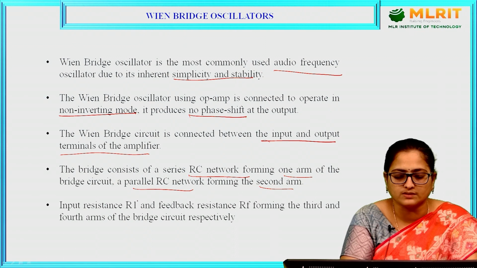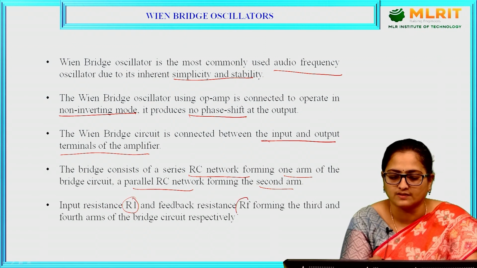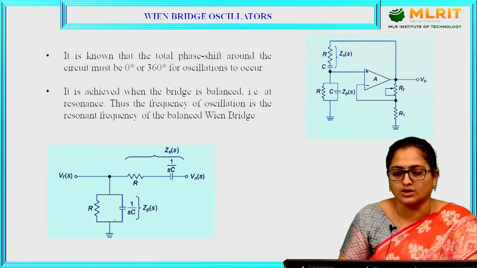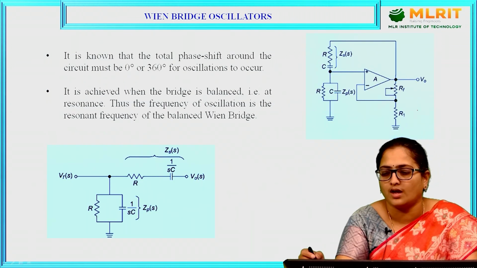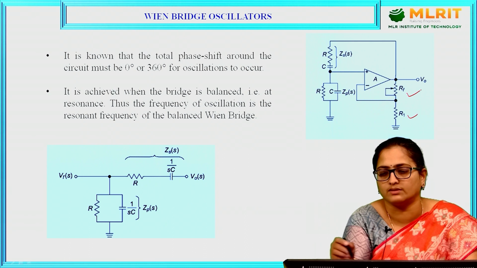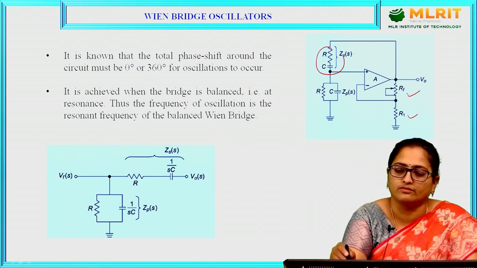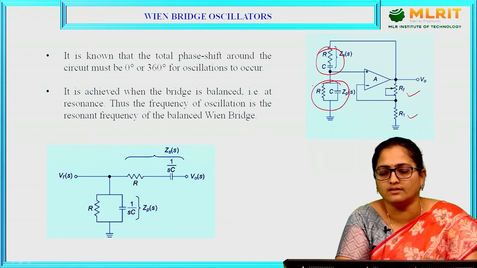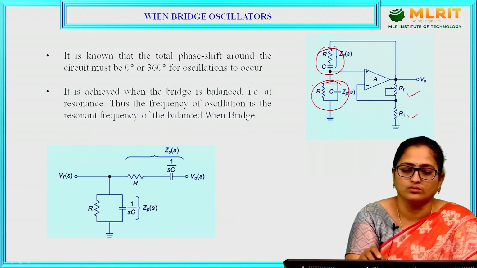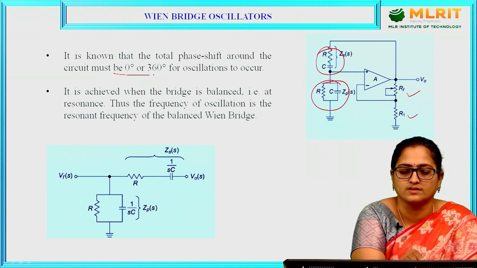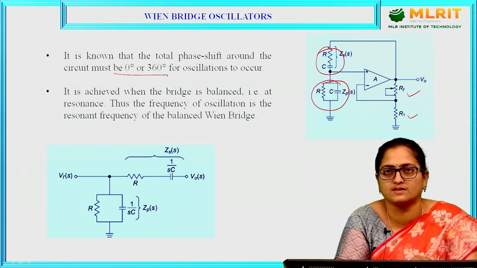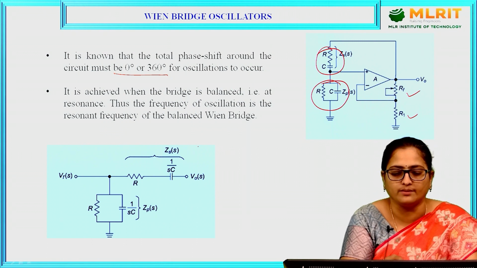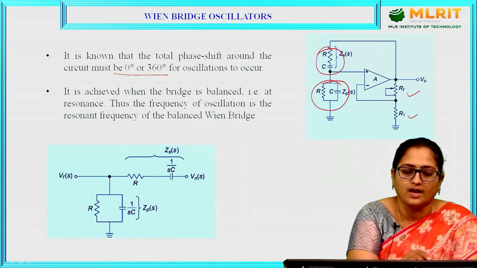The input resistance R1 and the feedback resistance RF form the third and fourth arms of the bridge circuit shown here. R1 and RF act as one arm, and the series combination of RC and the parallel combination of RC act as another arm. It is known that the total phase shift around the circuit must be 0 or 360 degrees for oscillation to occur. It is achieved when the bridge is balanced, that is at resonance.